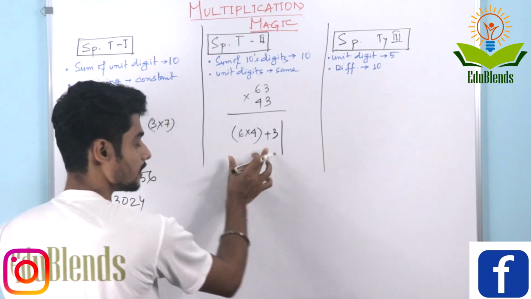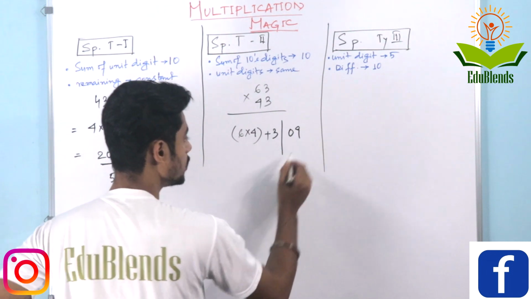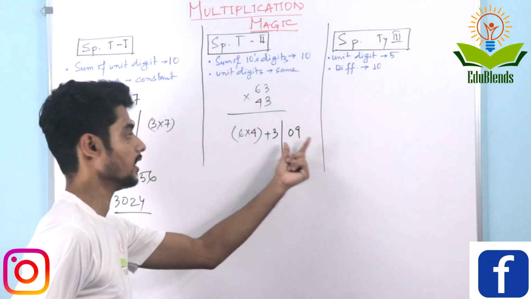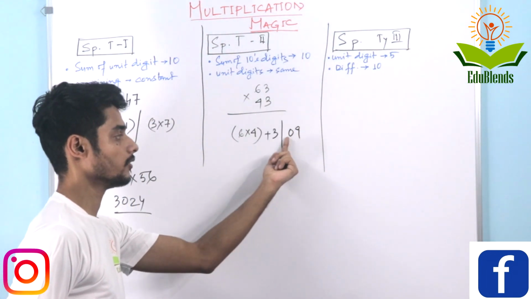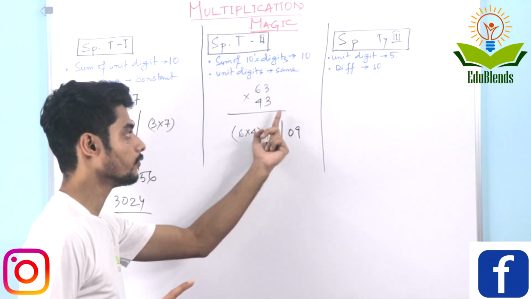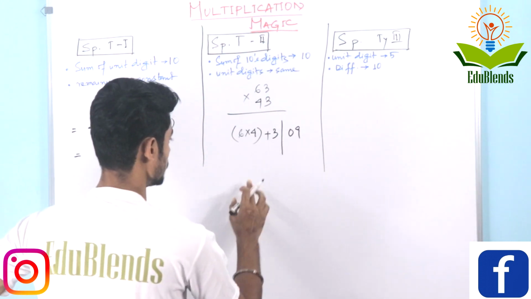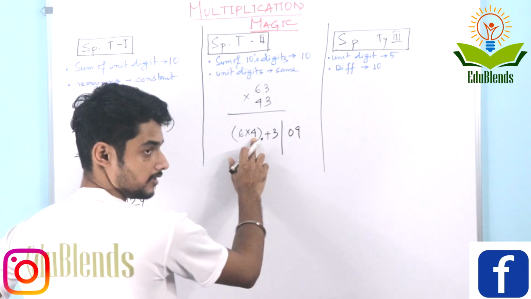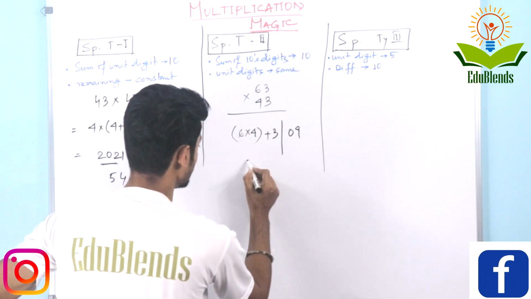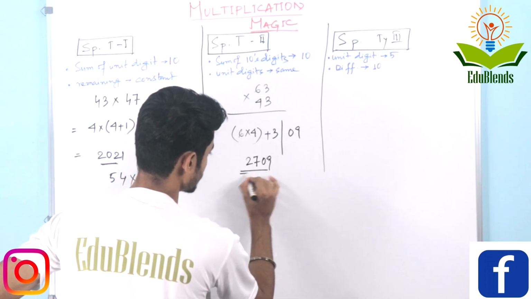This is one part, and the other part is 3 into 3. You need to write it as a 2-digit number, 09. If 3 into 3 is 9, we need to write 09, not only 9. If 4 into 4, then 16. Okay, a 2-digit number. Then moving further, 6 into 4 is 24, 24 plus 3, 27 and 09. This will be the answer.